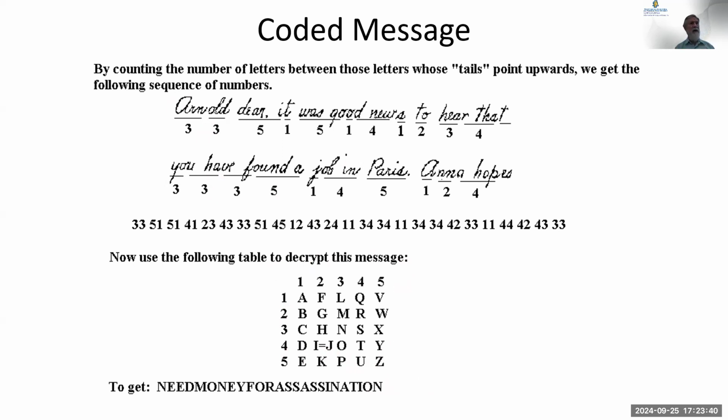They just say I's and J's are the same; you can usually tell the difference by context. You can also use U's and V's. In English, for hundreds of years, U's and V's were the same letter until later they decided they should be different. So you put it together and you get a message here: "Arnold, dear, it was good news to hear that you have found a job in Paris. Anna hopes..." and decoded, it says, "need money for assassination." Okay.